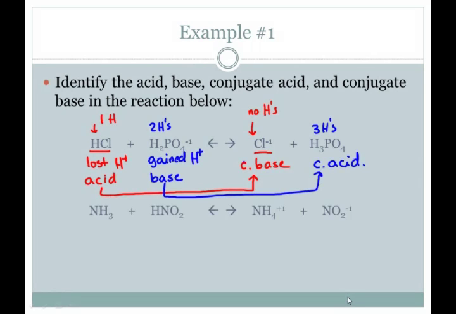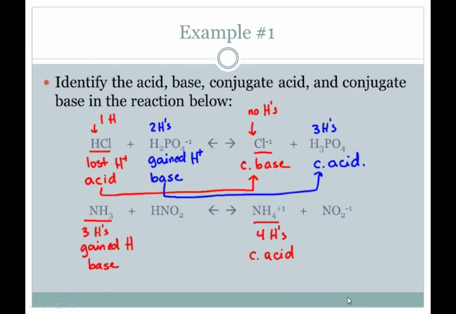Let's tackle another one. We have NH3. I check the products to see what NH3 has become, and I see that here I have three H's, and in the products I have four H's, which means that NH3 has gained an H, which makes it the base. So that's NH4 plus is what NH3 becomes, it is the conjugate acid.